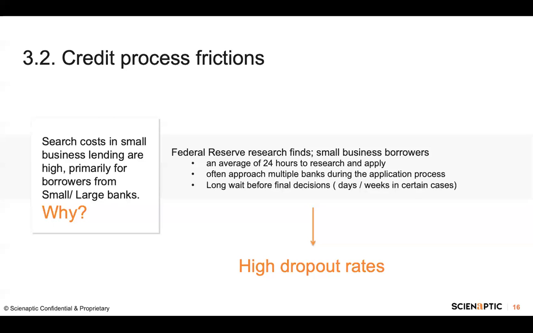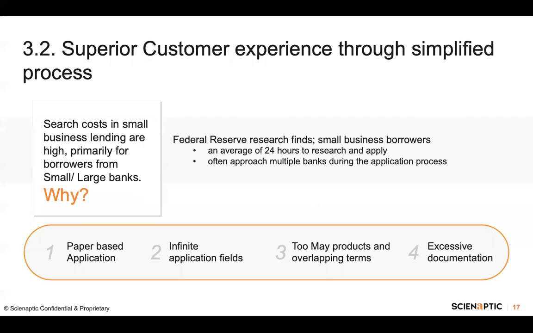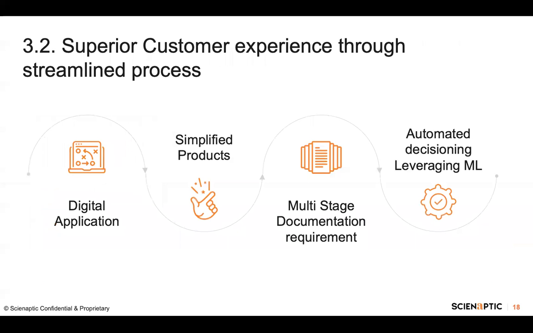And there's a lot to learn from the online lending space, where they have streamlined all these processes by creating a digital ecosystem where you just fill a few fields instead of the entire pen and paper 100 fields, have a list of simplified products to choose from, and then apply with a minimum documentation requirement at step 1.